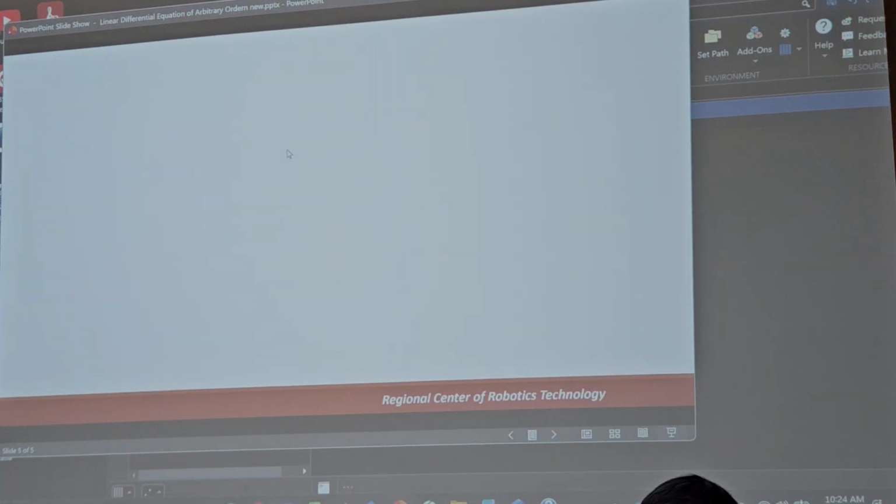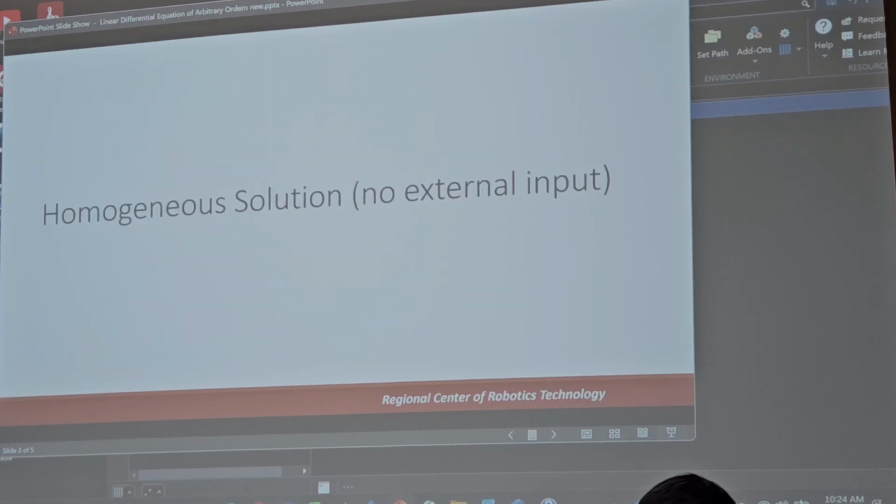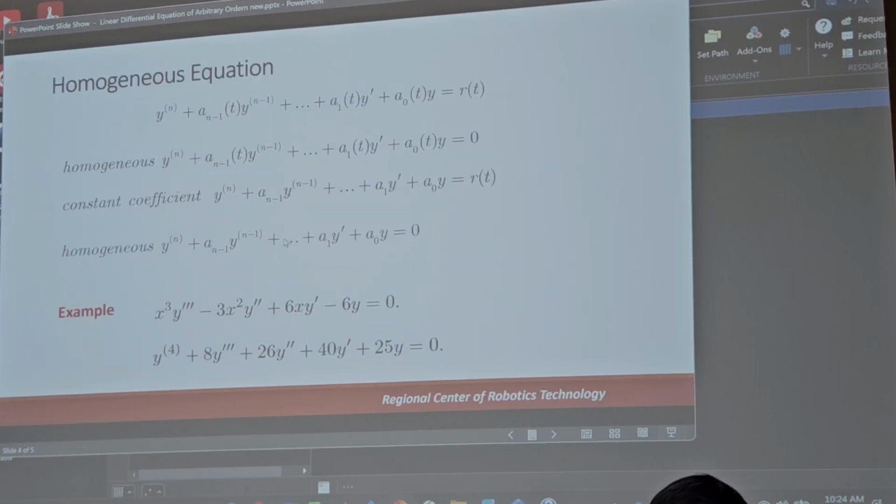If you have a higher order, you can find the homogeneous solution similarly.